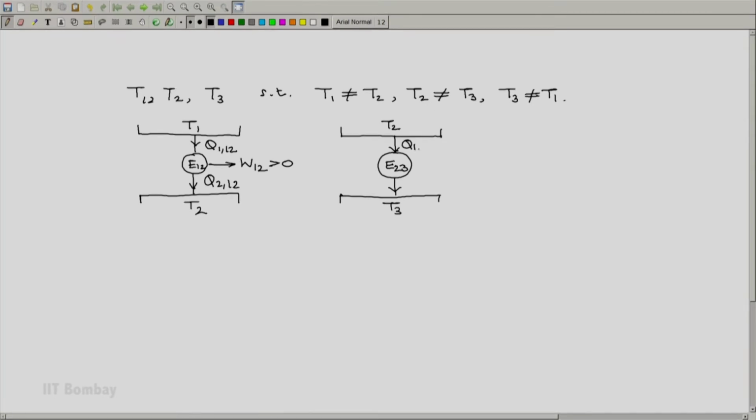It absorbs Q2 from the reservoir at T2, it rejects Q3 to the reservoir at T3 and it provides a positive amount of work W23. So, this is given: such an engine works and also such an engine works.